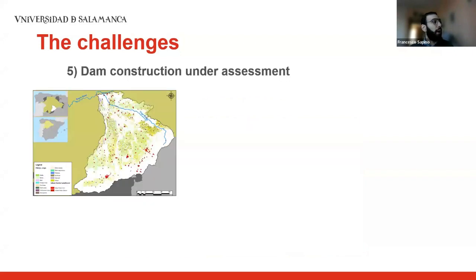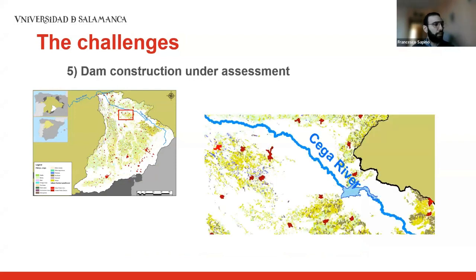One of the solutions proposed is to build a new dam in this area, so we can rely more on surface water than on groundwater. But this is still under assessment, so it's still not decided if this will be built or not.